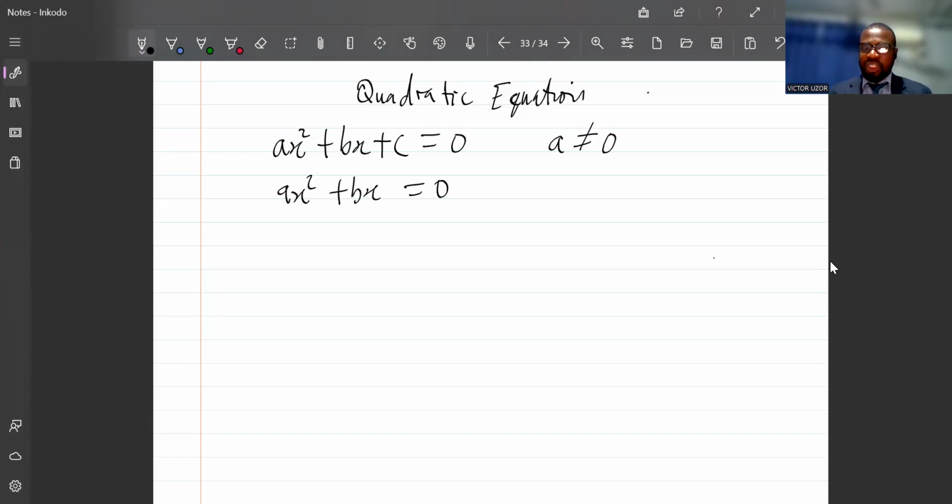It can also be ax squared plus c equals 0, meaning that b is 0. It can also be ax squared alone equals 0. So a quadratic equation can be in this format, provided that a is not 0.